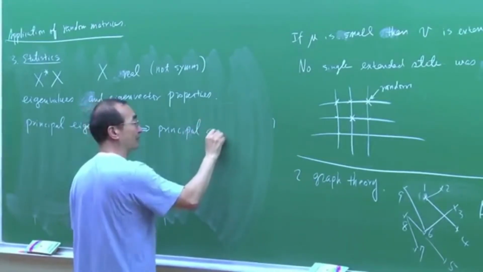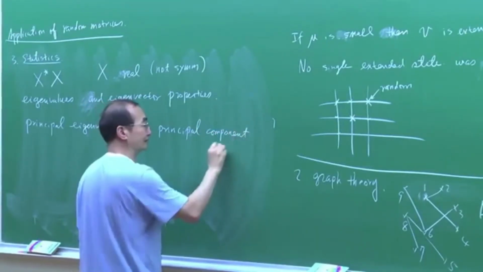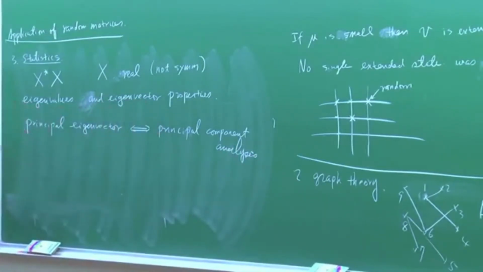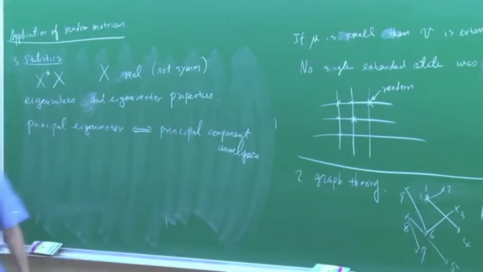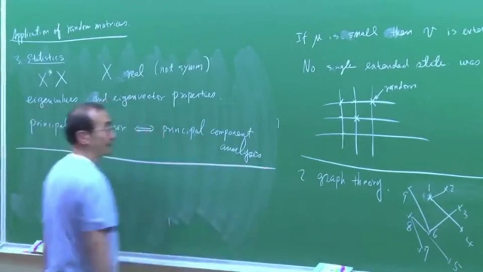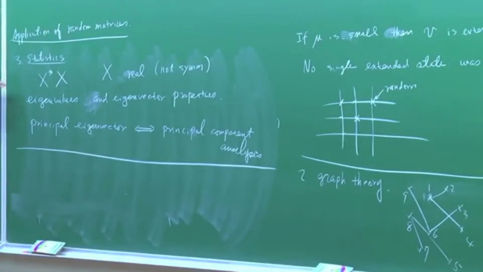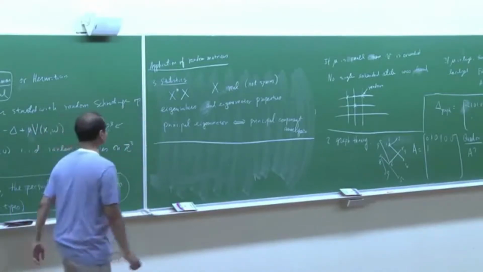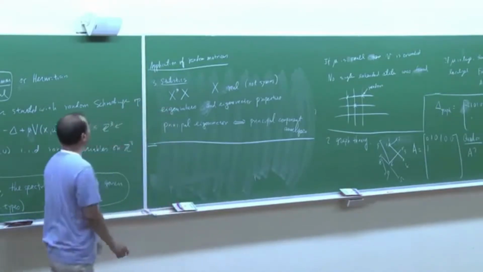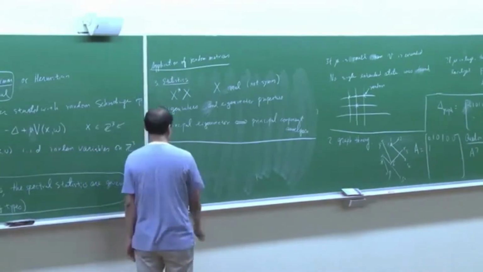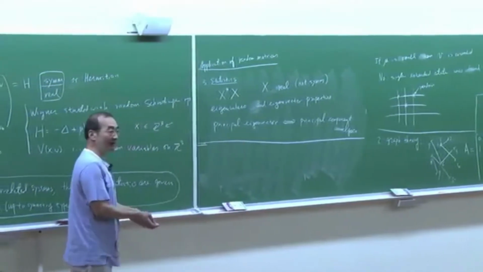The principal component analysis is always just to study this matrix and try to understand its largest eigenvector or smallest eigenvector. So the reason there are many people in statistics interested in random matrices is because of this connection. Okay, so now I have finished these applications, and let's start to do some more serious mathematics.